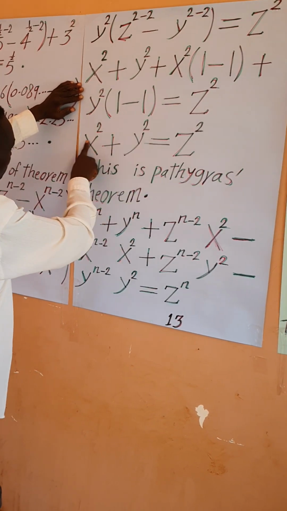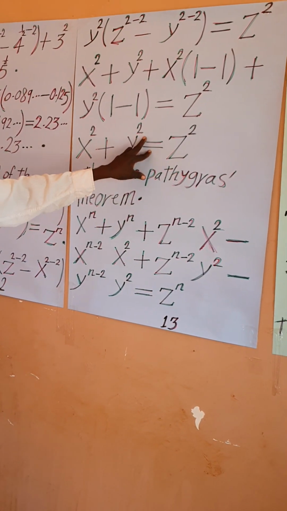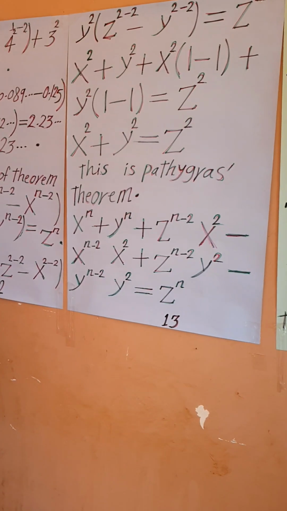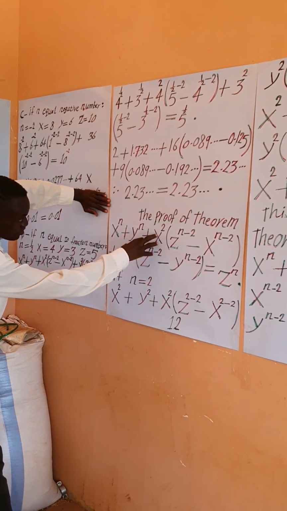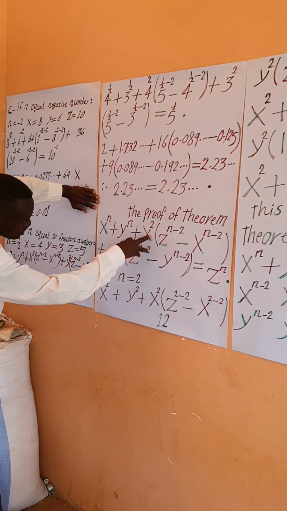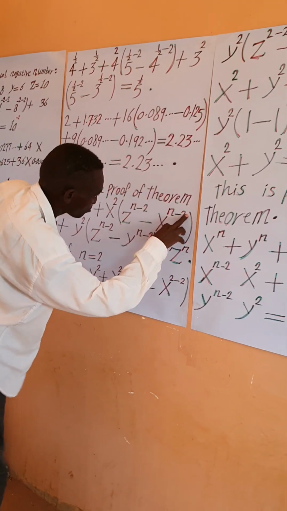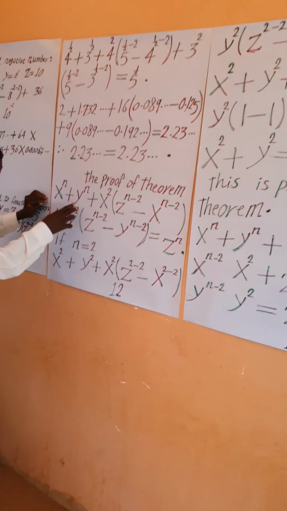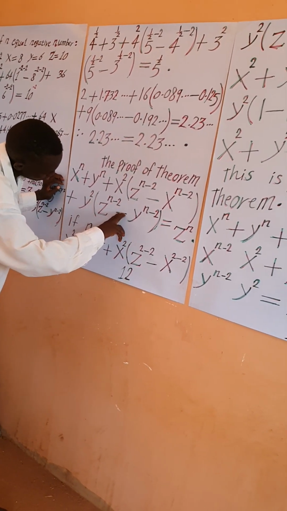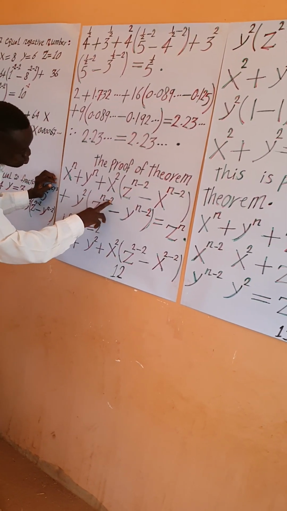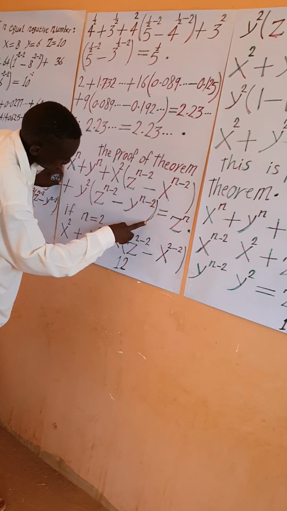This equation equals the Pythagoras theorem, because the Pythagoras theorem doesn't contain this part of the equation: x squared bracket z to n minus 2 minus x to n minus 2 bracket plus y squared bracket z to n minus 2 minus y to n minus 2 bracket equals z to n.